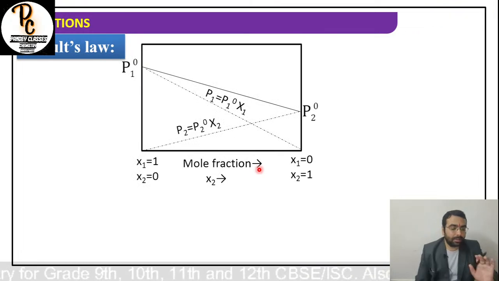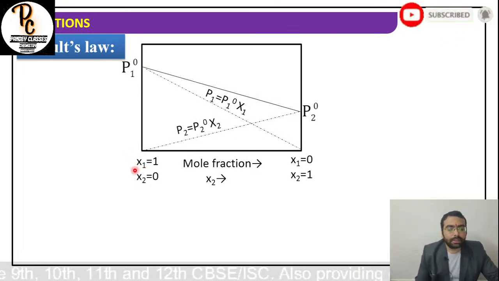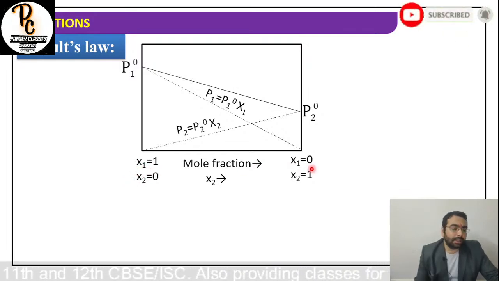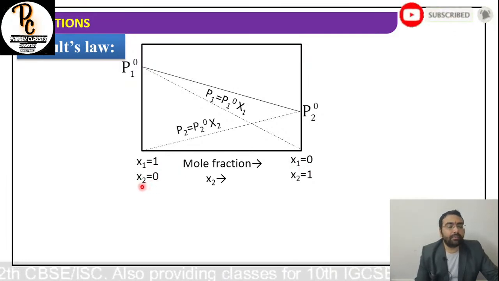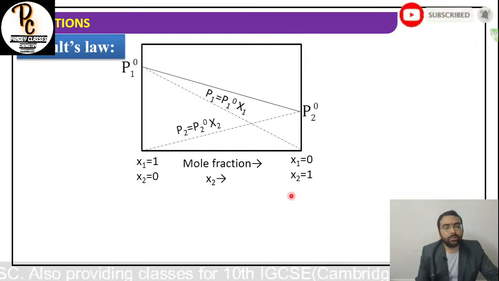Let us see this. This graph is very important to understand, so just focus at this point. This is chi1 and this is chi1 again, and downwards we have written chi2 equals 0, and here chi2 equals 1.